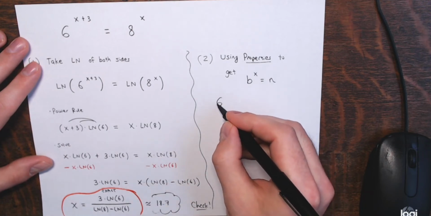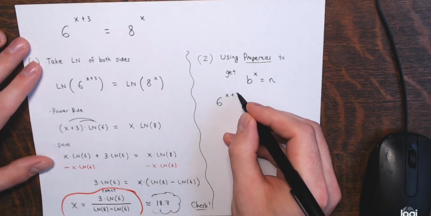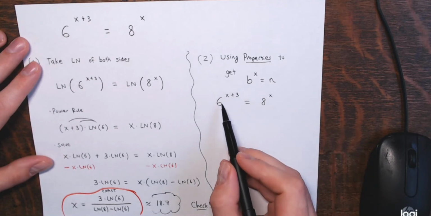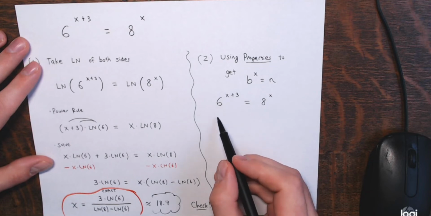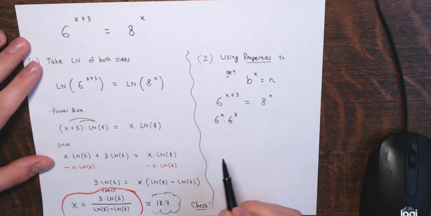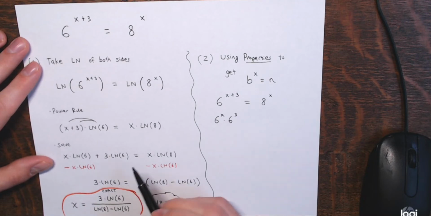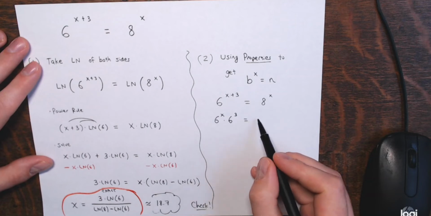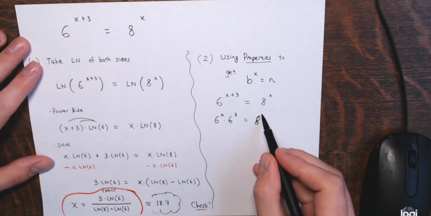So on the left side you have 6 to the x plus 3. On the right side we have 8 to the x. 6 to the x plus 3, that's the same thing as 6 to the x times 6 to the 3. That's when you add powers, is when you multiply things at the same base. And then on the right side I still have 8 to the x.